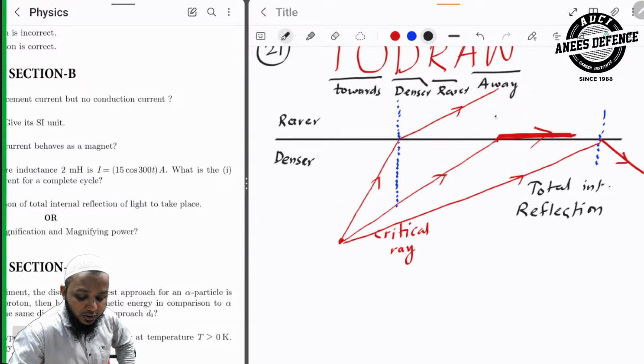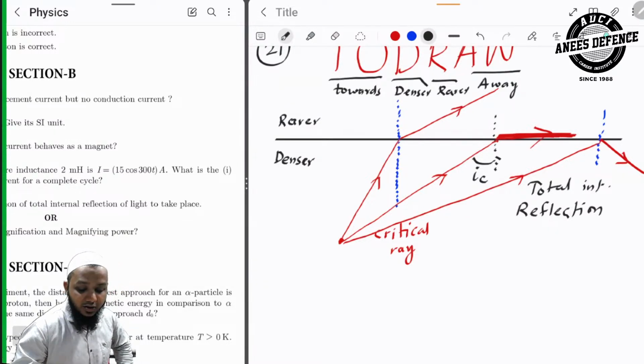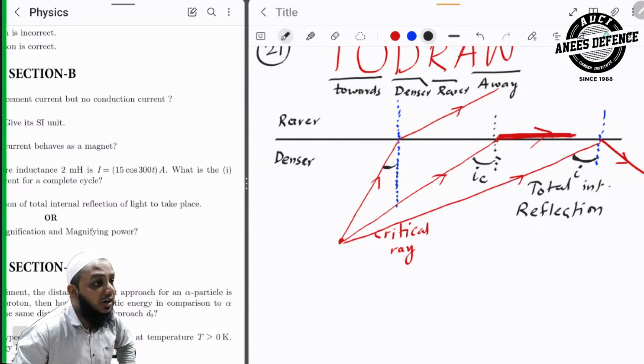Now, the critical ray is important, no? The angle at which this ray traces the boundary is called critical angle. The angle of incidence at which the ray traces the boundary is called critical angle. After the critical angle, total internal reflection occurs. Before the critical angle, total internal reflection doesn't occur.